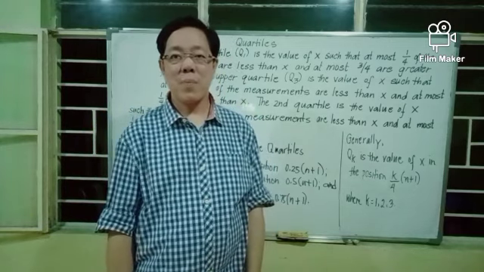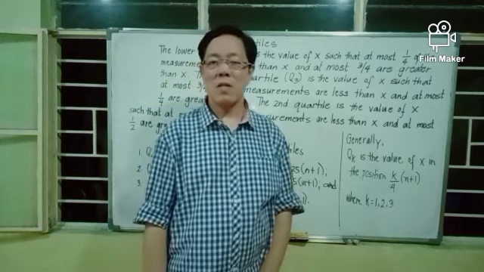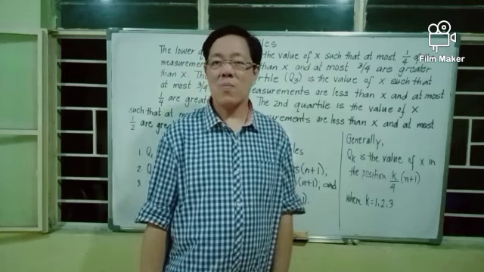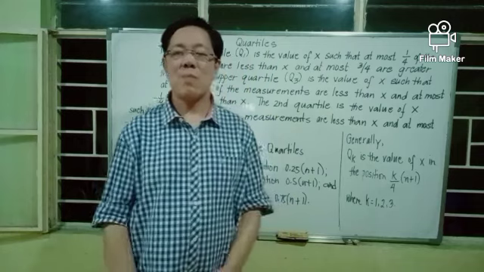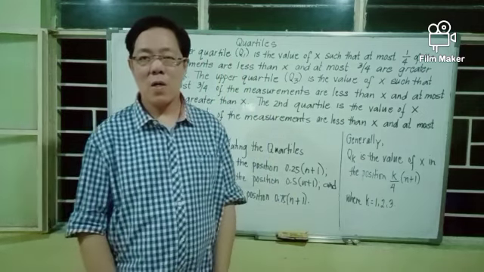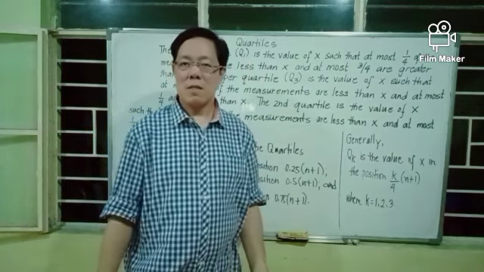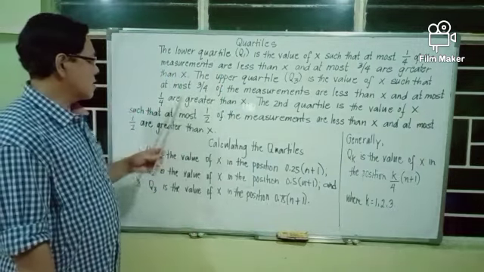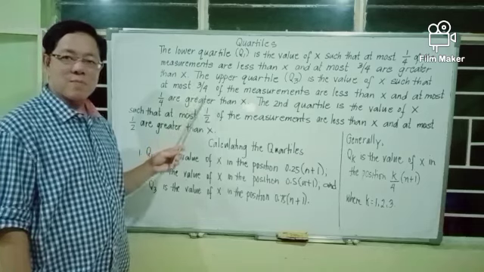Considering the upper quartile or the third quartile, denoted by Q sub 3, 75% of the set of measurements or values are below or less than the third quartile, and 75% is the same as 3/4.